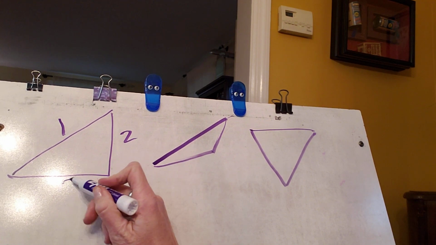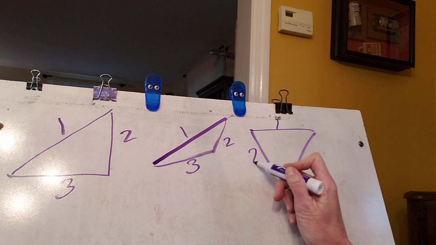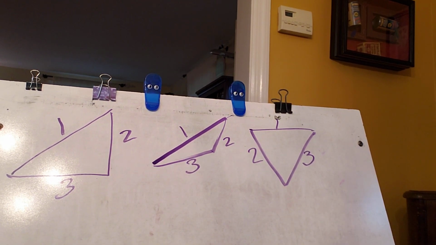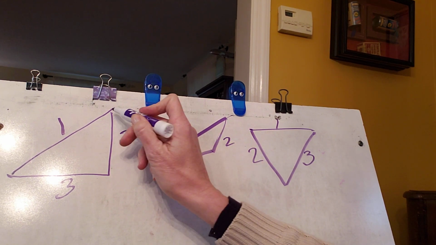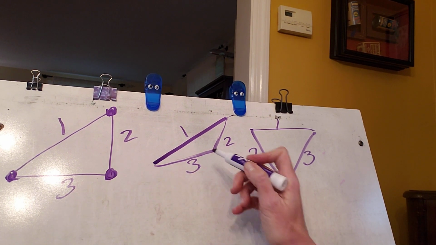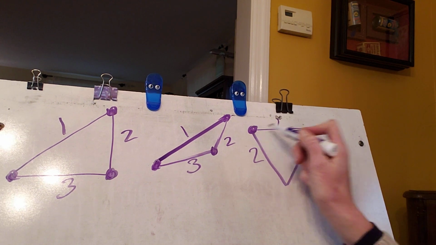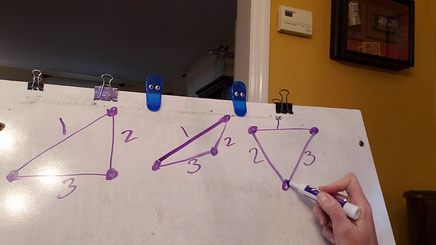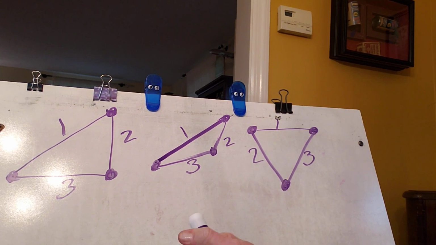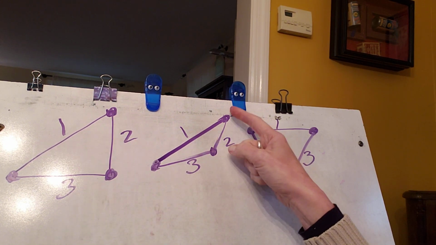1, 2, 3. They all have 3 sides. They're all triangles. They all have 3 corners or vertices, which I'm using dots to show. That means it doesn't matter whether their sides are shorter or longer.